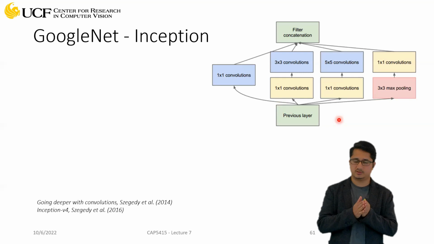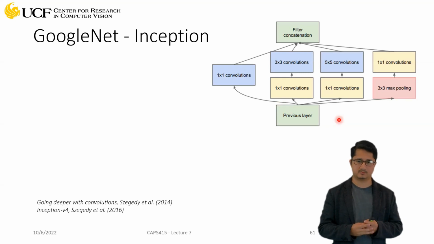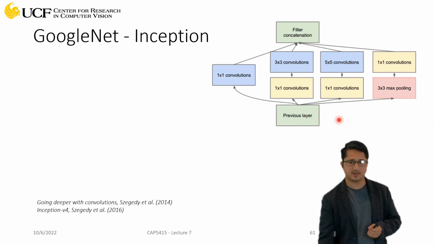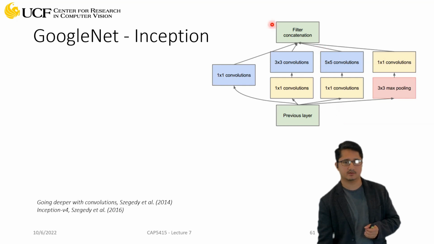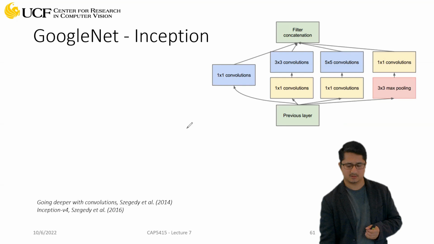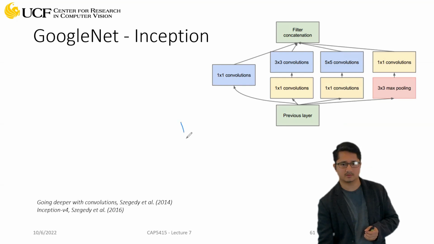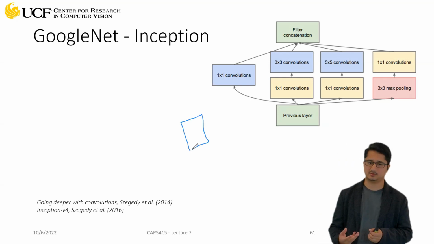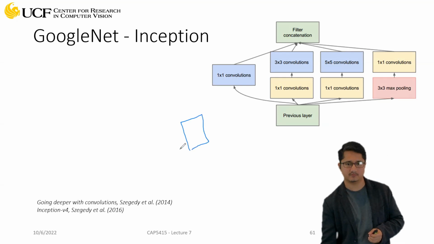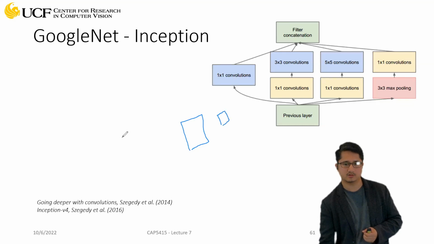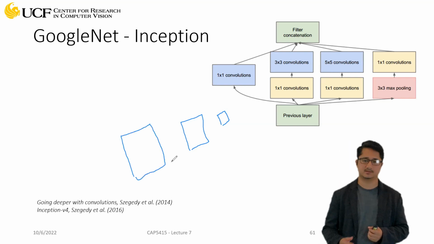In your input image, you might have different scales, right? Let's say you're detecting shapes, square objects. You might have an image where this is the square and you're trying to detect this. You might have another image of a square of a different scale, this small, or a different image of slightly bigger size, right?